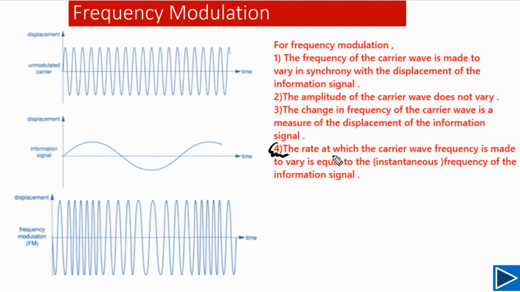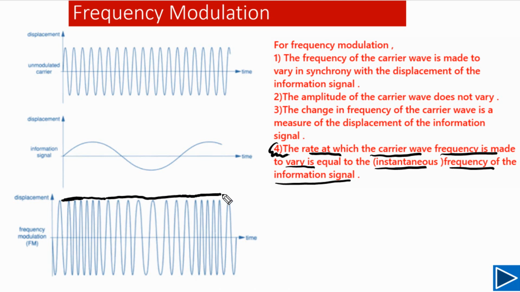The last point is simply telling us that the rate at which the carrier wave frequency is made to vary depends on the instantaneous frequency of the signal. So it simply means the number of times the frequency of the carrier wave, or we can say the frequency of the modulated wave, increases, decreases, and increases again depends on the frequency of the signal.